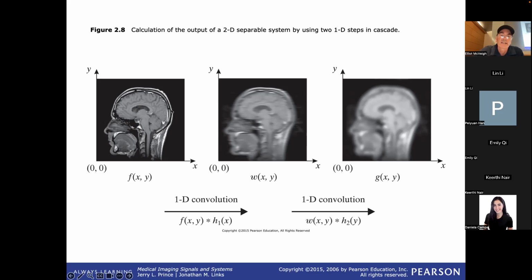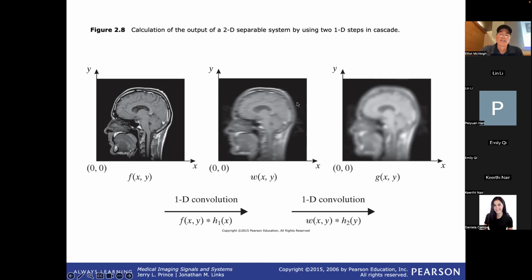This really thin white line here is now completely blurred out. On the top here, if I do a profile this way and ask what's the spatial resolution or the sharpness in Y as I move along in Y, it's still pretty sharp, because I haven't blurred it in the Y direction yet. I've only blurred it in this direction.